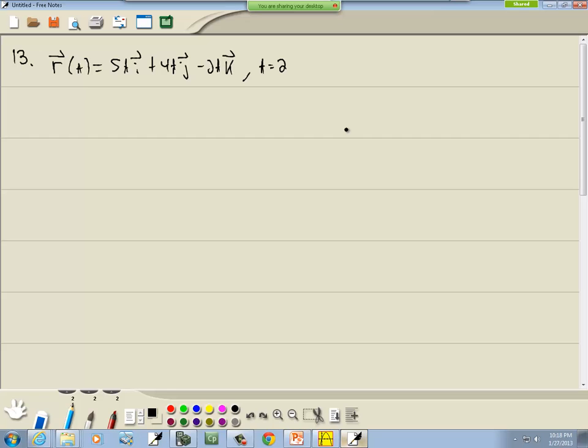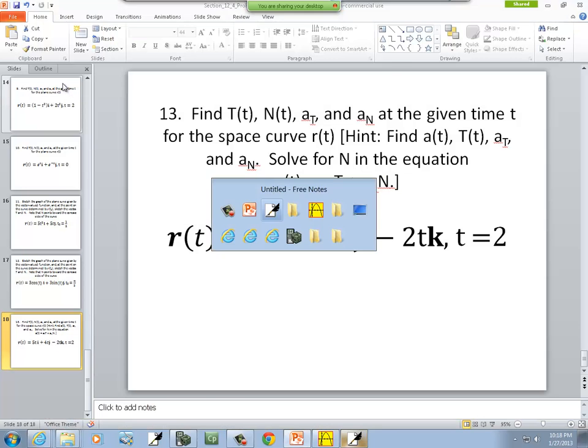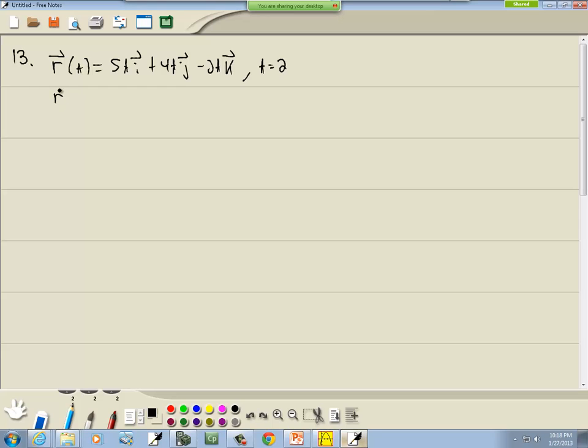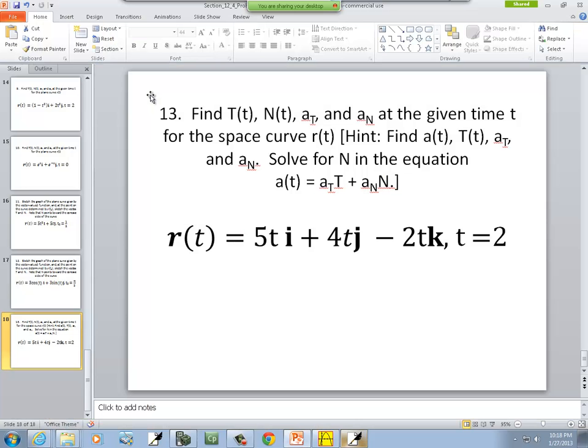So r prime is going to equal 5i plus 4j minus 2k. Let me think here for a second.